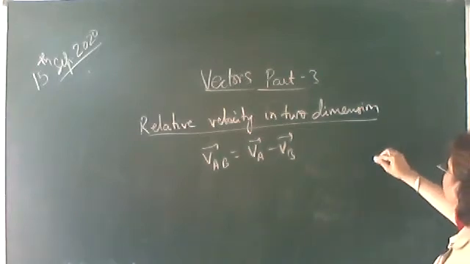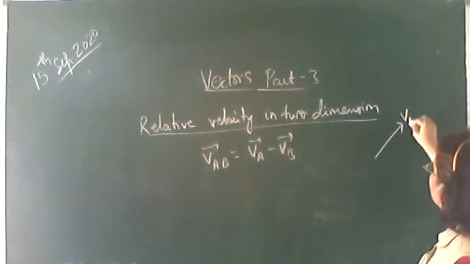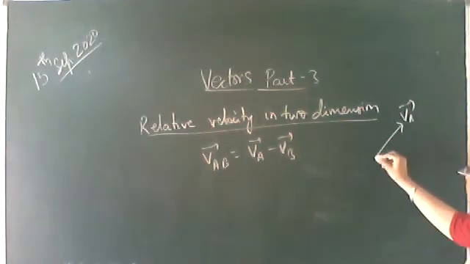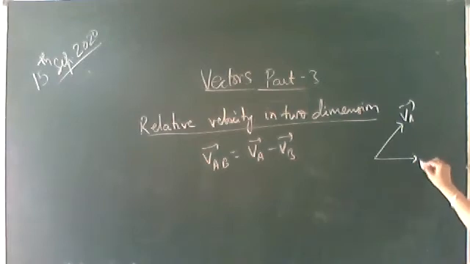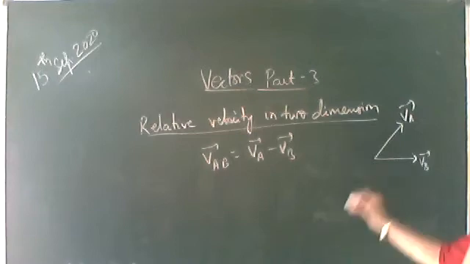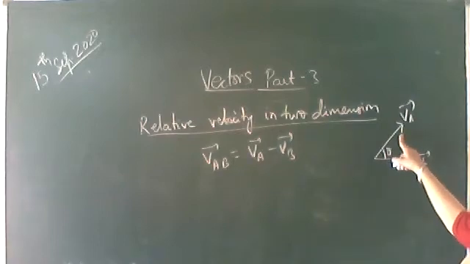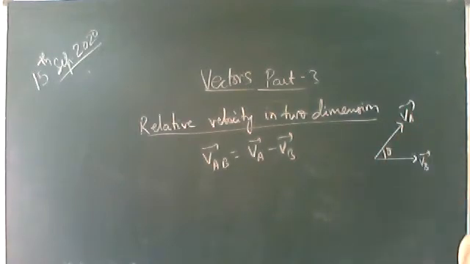Now let A object is moving with a velocity VA along this direction. Let B is moving along this direction VB. And then let the angle between them is theta. Okay. Let us assume that A is moving along this direction and B is moving along this direction.